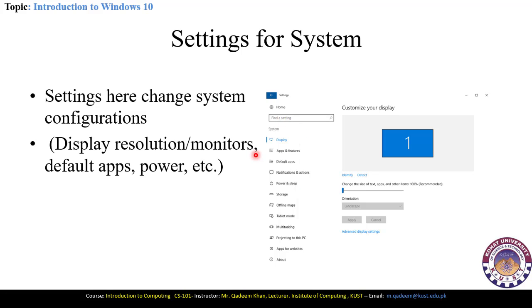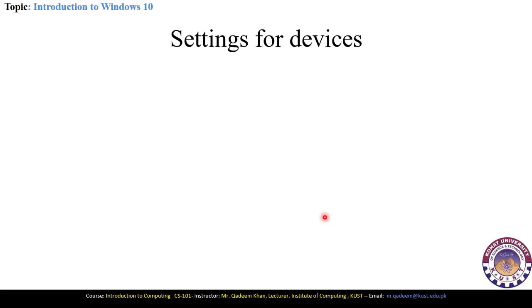It displays the resolution, monitors, default views, power, etc. For example, apps and features, default apps, notifications and actions, power and sleep settings, storage settings, offline maps settings, tablet mode, and multitasking, etc. All these are in the form of settings here.